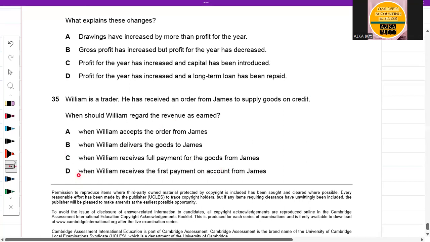And in D part, when William receives the first payment on account from James, no, it's not like that, because we record the credit sale even if we didn't receive any amount from our customer. Revenue is what you write in the income statement, and in revenue you have two types of sales: credit sales plus cash sales.